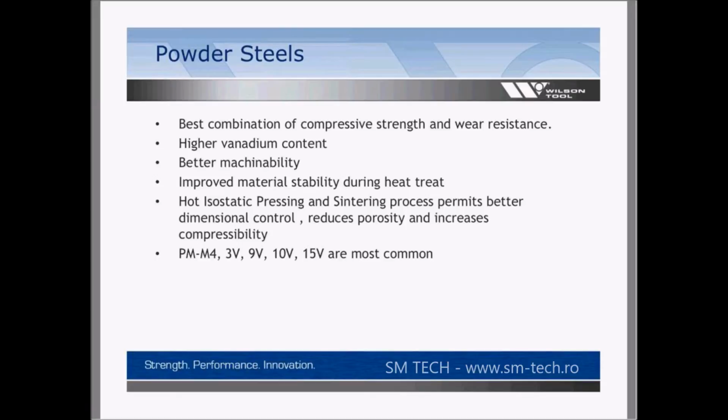Depending on the application, a variety of options will exist. In toughness and strength areas, you run a 3V, it's a good option, but it's not a very good option for wear resistance. Again, that'd be going into a 10V, or a powdered metal M4 is kind of a best of both worlds, or our Ultima M4 would be an even higher compressive strength with more wear resistance, kind of a middle ground between a 3V and a 10V.